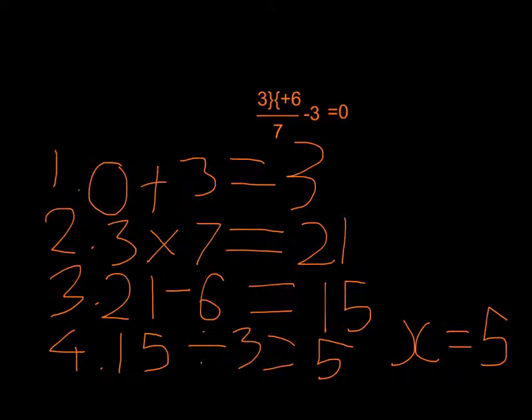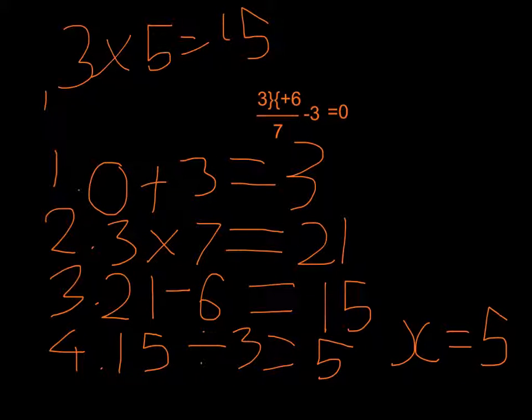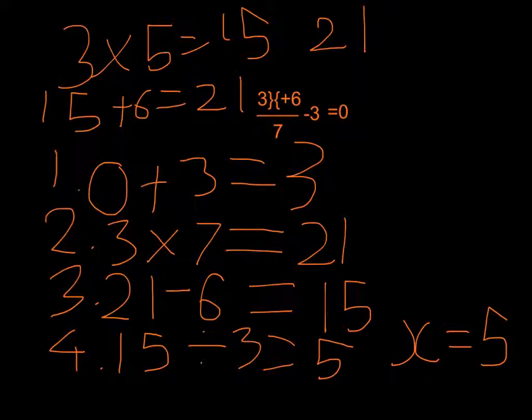Now let's replace the x and use 5 to see if the equation is correct. 3 times 5 is equal to 15. 15 plus 6 is equal to 21. 21 we divide by 7.